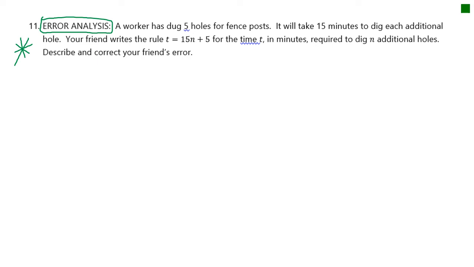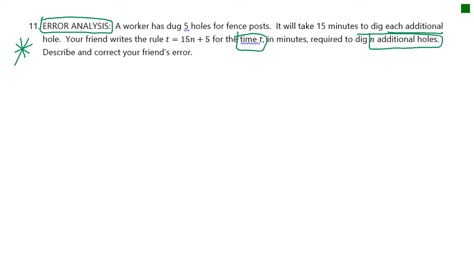All right, so it says a worker has dug 5 holes for fence posts. It will take 15 minutes to dig each additional hole. Okay, keep that in mind. It says your friend writes the rule T = 15N + 5 for the time T. So T means time in minutes required to dig an additional hole, and N means additional holes.